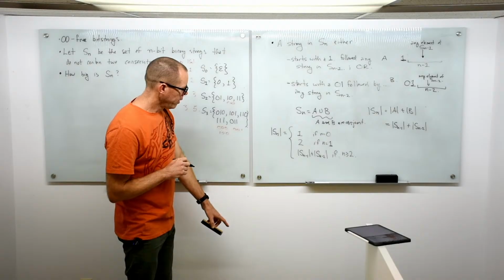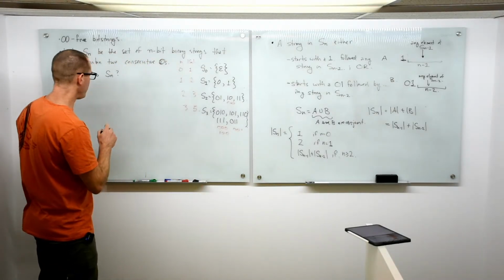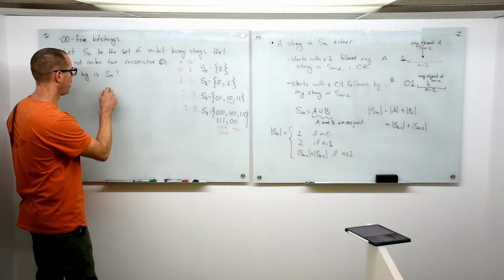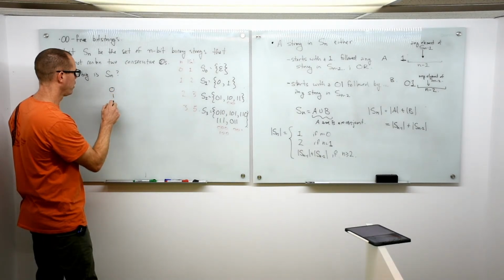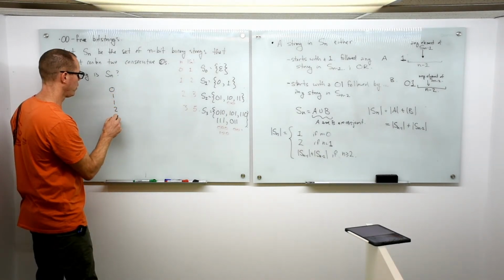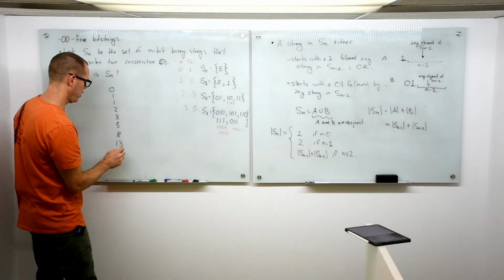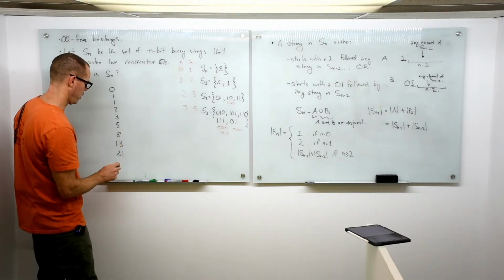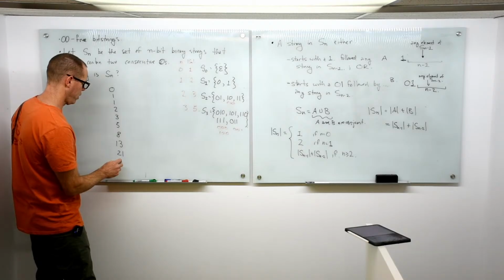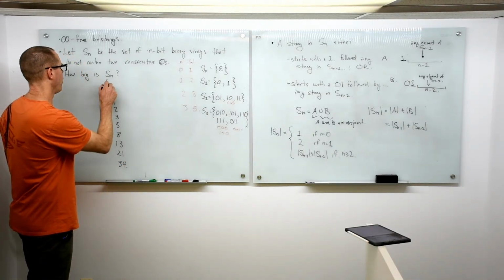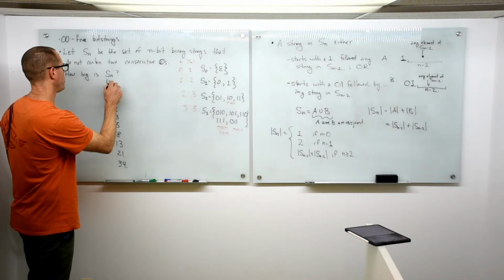well, we can maybe go back and write down the Fibonacci sequence that we had. Fibonacci started 0, 1, 1, 2, 3, 5, 8, 13, 21, 34. So this was Fibonacci.